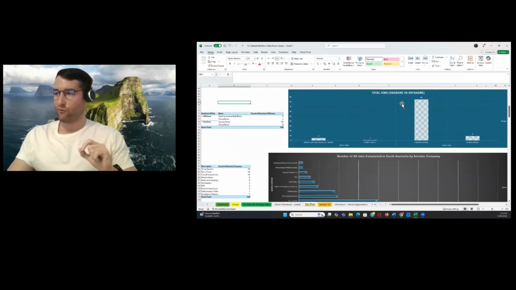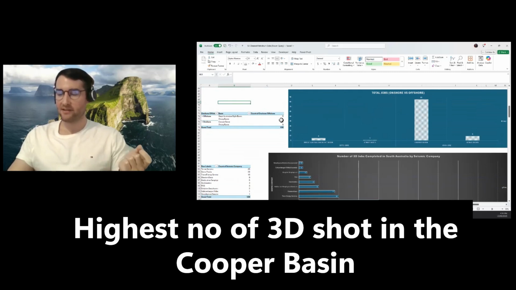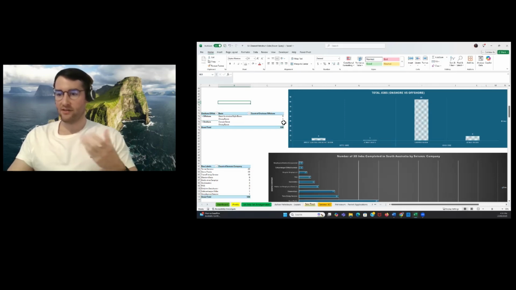On the technical front, total jobs onshore versus offshore. This is the total seismic jobs conducted in this region throughout the period that I just described. So that 40-year period, Great Australian Bight Basin, there's only 5 jobs there, 1 job in the Otway Basin for offshore, and then onshore, the Cooper Basin, there was 85 jobs there, a lot for bigger companies like Santos Limited, for example.